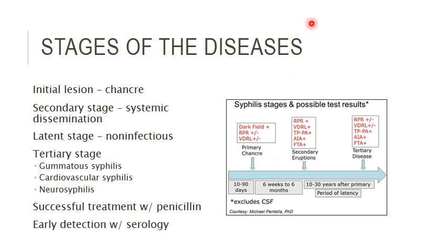Then you have cardiovascular syphilis, and in cardiovascular syphilis, generally what we see is the ascending aorta is usually damaged.